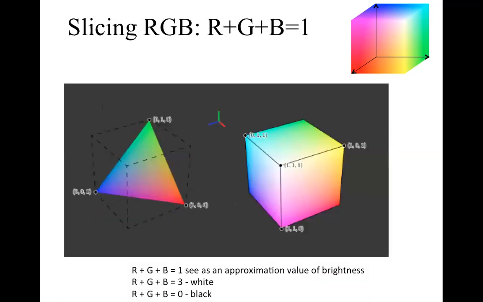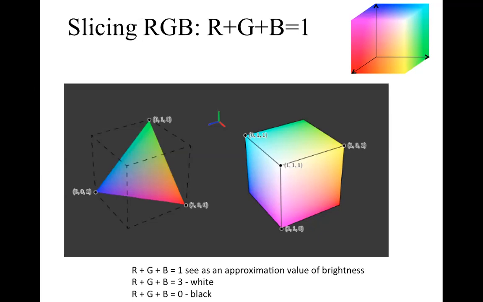Now, what happens if you slice the entire RGB cube? For example, you take the plane R plus G plus B equals 1. You can see this slicing as approximating the value of the brightness with 1.